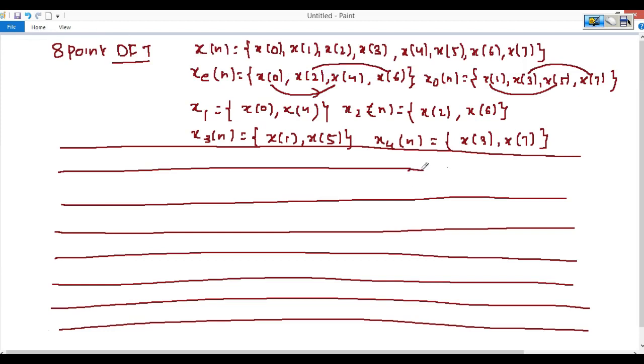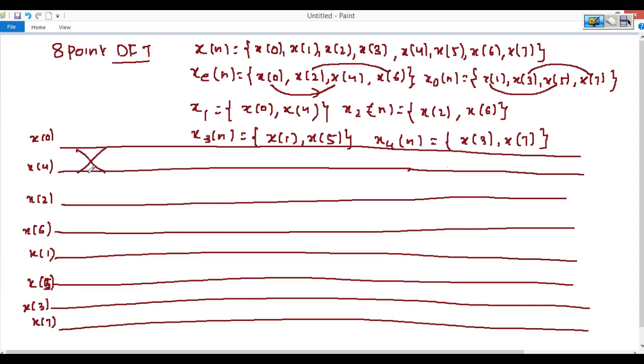This is your 8-point. So first, the numbering: this is x of 0, this is x of 4, another is x of 2, x of 6, another one x of 1, x of 5, and this is x of 3 and x of 7.